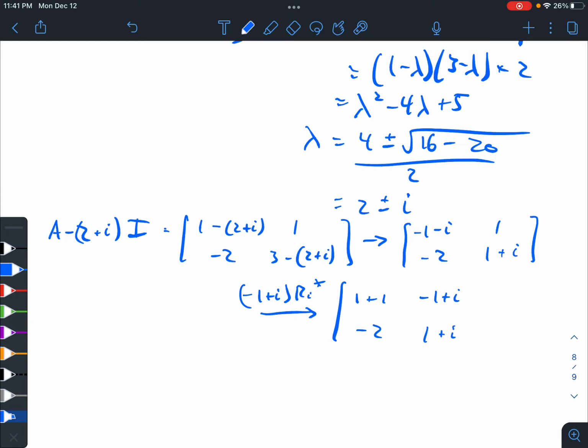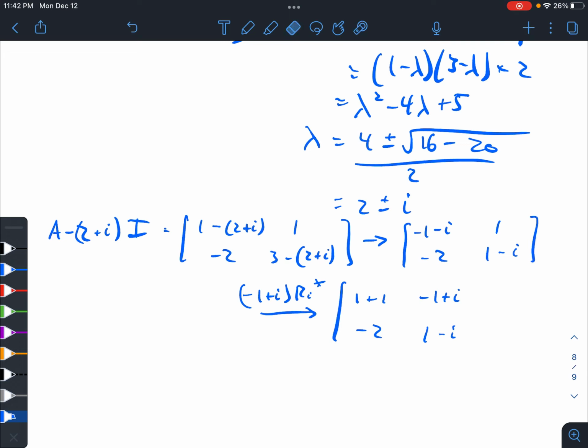What's wrong? Yeah, something messed up because these are not multiples of each other. Oh, this was supposed to be minus.